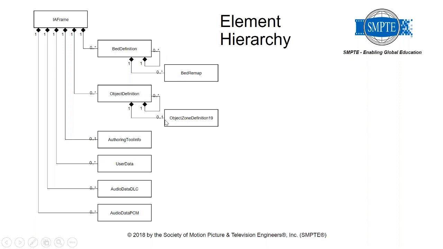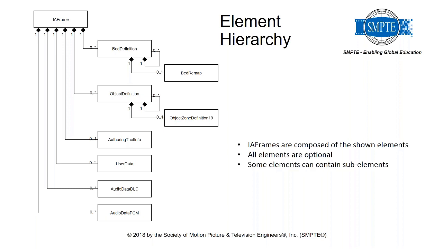An object can contain another object, and it can contain an object zone definition element, which as mentioned can replace the object control information. The other elements do not support any sub-elements, as noted here. In summary, this shows what the IAFrames are composed of. It shows that all elements are optional, and that some, not all, elements can contain sub-elements.